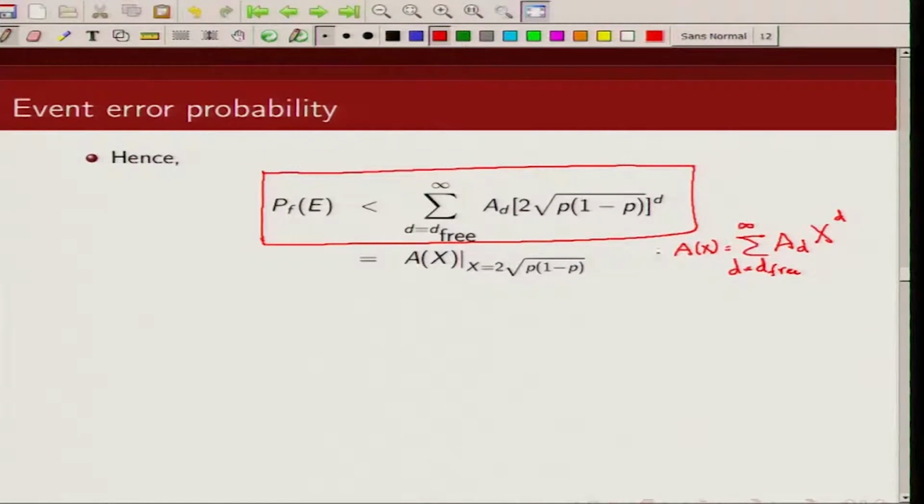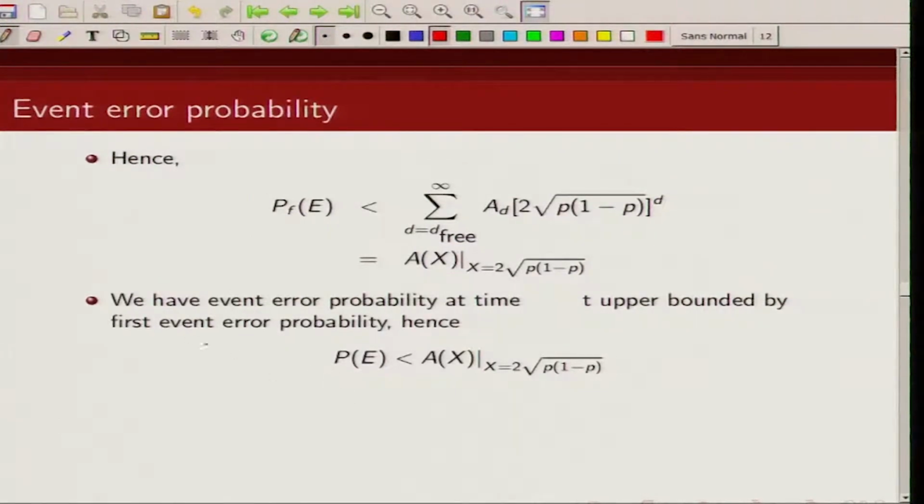So, we are essentially making use of this weight enumerating function, and we look at the form of our first event error probability. So, looking at these two, we can write then that first event error probability can be computed from the weight enumerating function by replacing the weight, that x, by this quantity. So, this we obtain by comparing this equation with this equation.